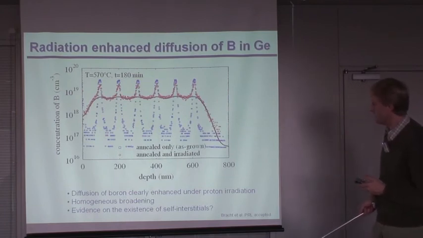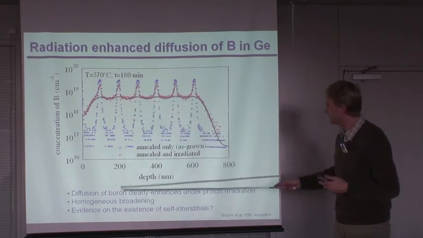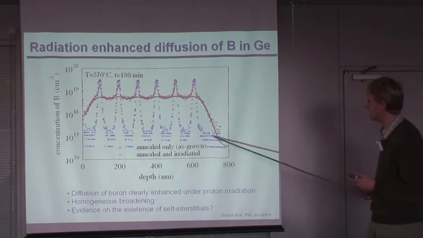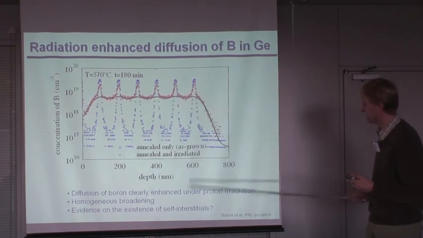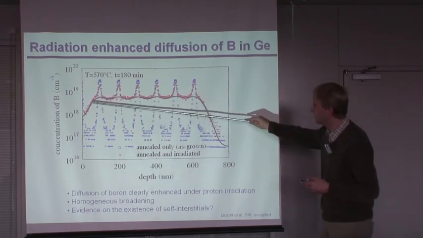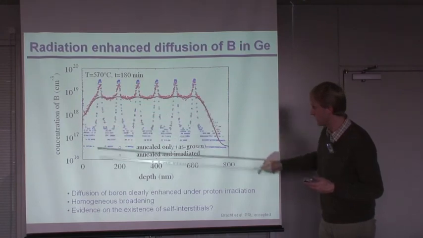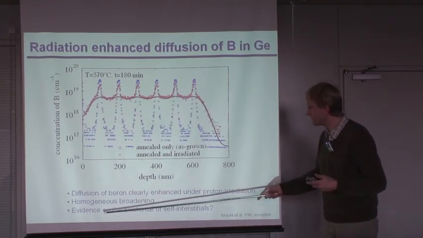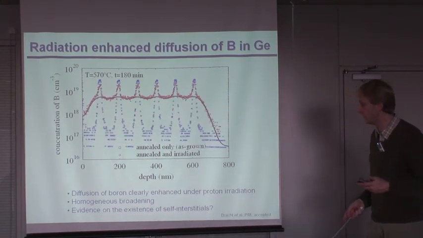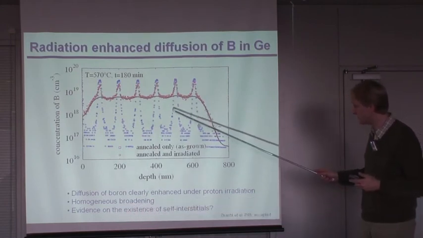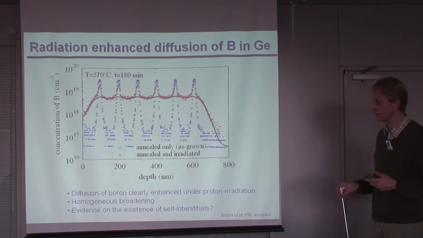Okay, so what you can take with you: the diffusion of boron is clearly enhanced under proton irradiation. This would be the case just for thermal, and this is then under proton irradiation. You also have a homogeneous broadening. There's no gradient. And since boron doesn't move under thermal equilibrium, this is the first hint that the defect behind is a self-interstitial.